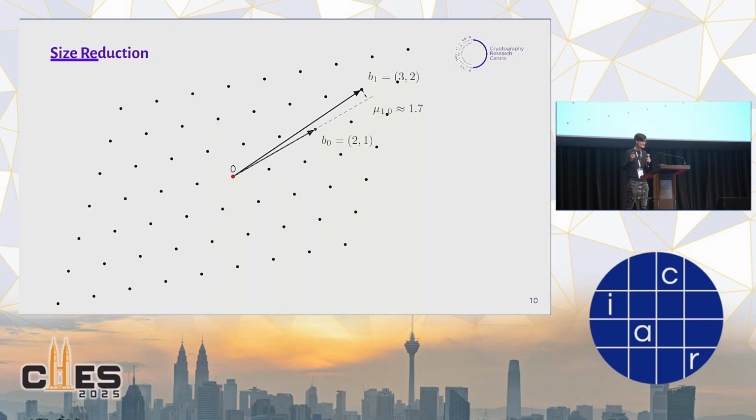Now we would like to subtract 1.7 B0s from B1, but we cannot do so because if we don't round this real number to some integer, we will land outside of the lattice. So we basically just round the projection and subtract two B0s from B1. And as you can see, the basis is somewhat better, I guess. It's still not the best basis we can get in the wild, but it definitely looks better.